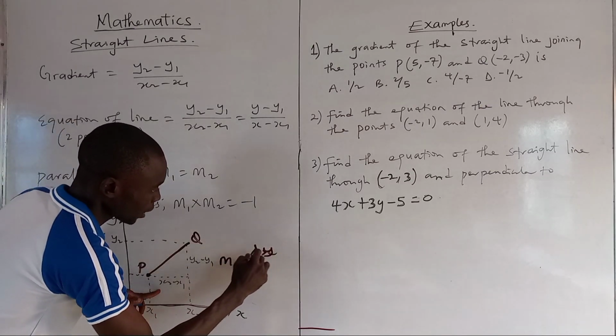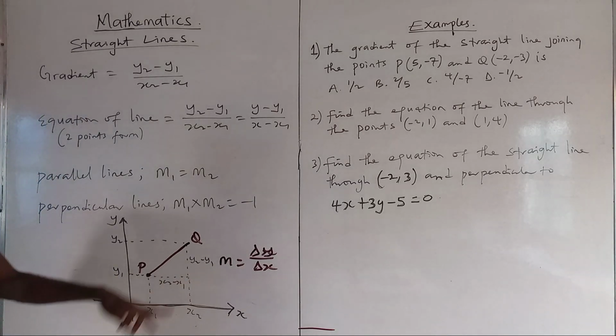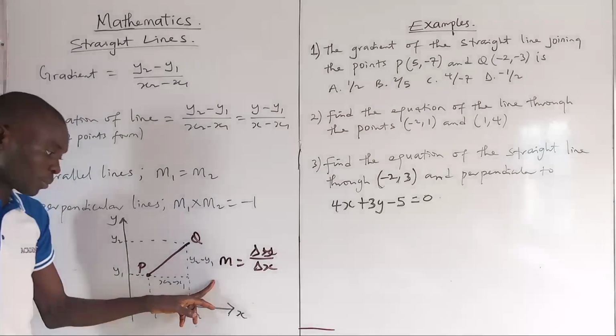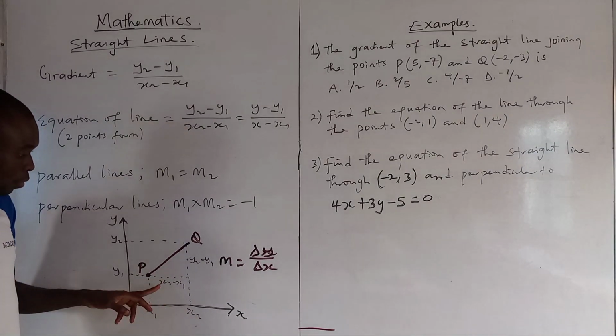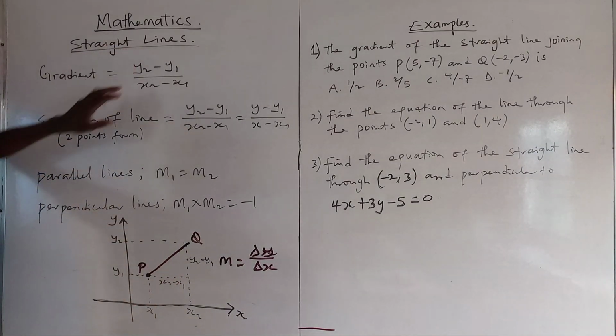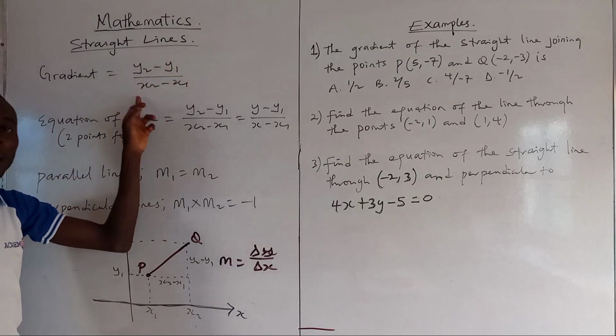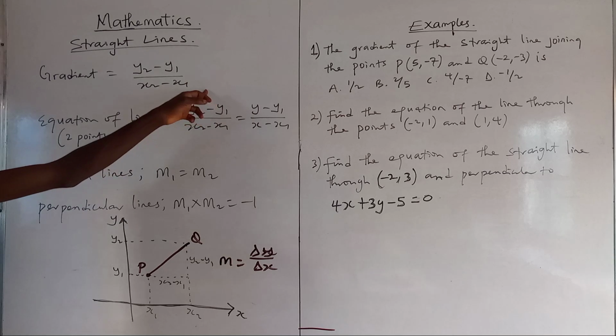What does change in y mean? It means y2 minus y1. What does change in x mean? x2 minus x1. So the gradient of the straight line is y2 minus y1 over x2 minus x1.